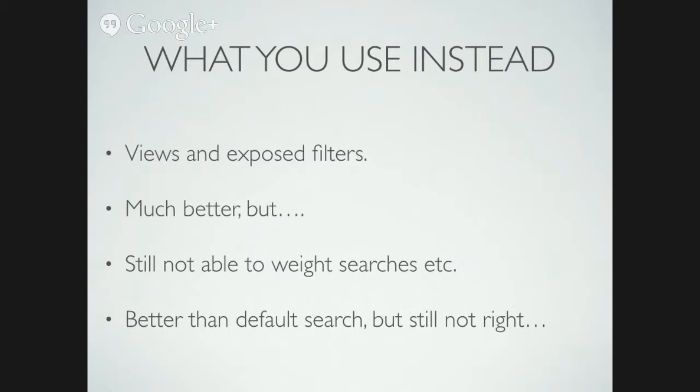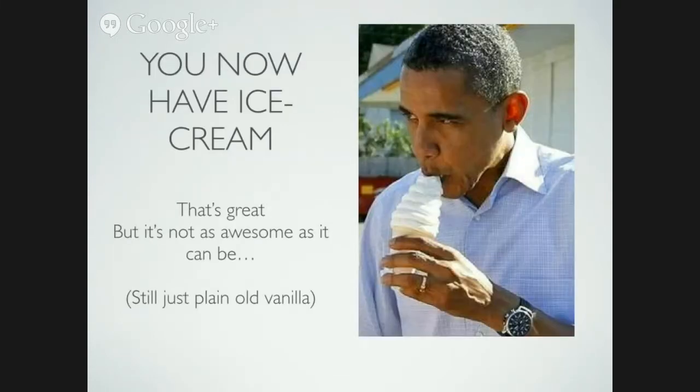And a lot of the time when you're tweaking search, it's all about weighting different parts in the index. And views won't let you do that. It's a lot better than the default search, but it's still not right. But at least you have ice cream now. You actually have a search that works, and you can make it look good. It's not as awesome as it can be, though, because you've still basically got vanilla ice cream. Plain old vanilla is good, but not good enough.